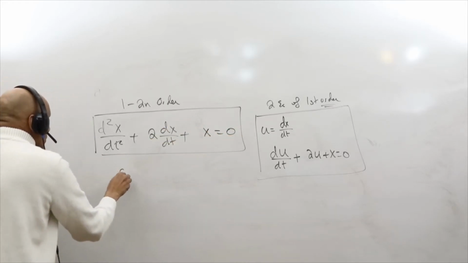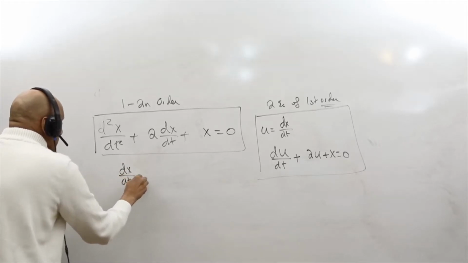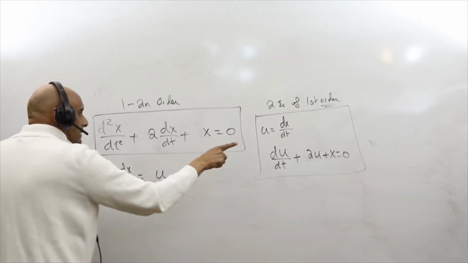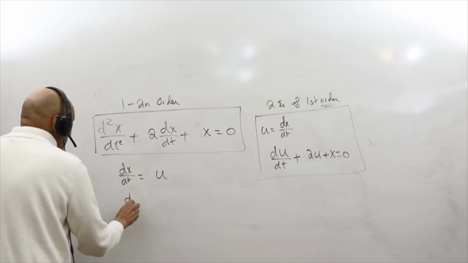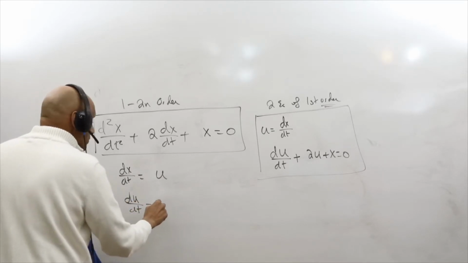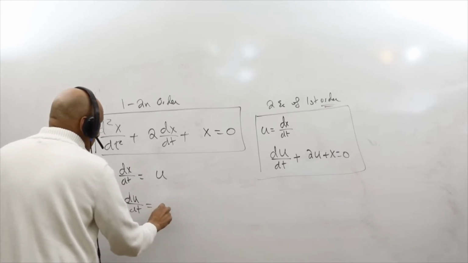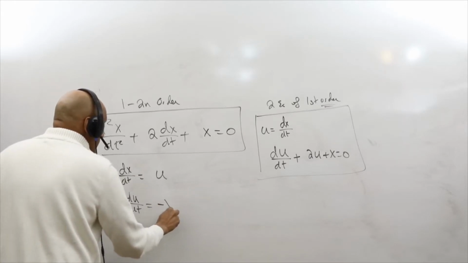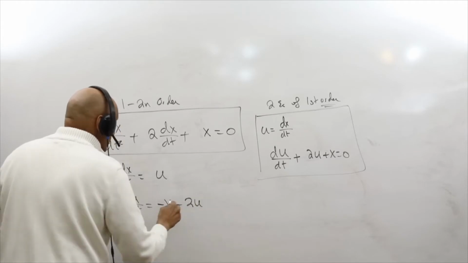I'm going to rewrite this in terms of dx dt is equal to u. I'm going to take the second equation and say that du dt is equal to minus x minus 2u.